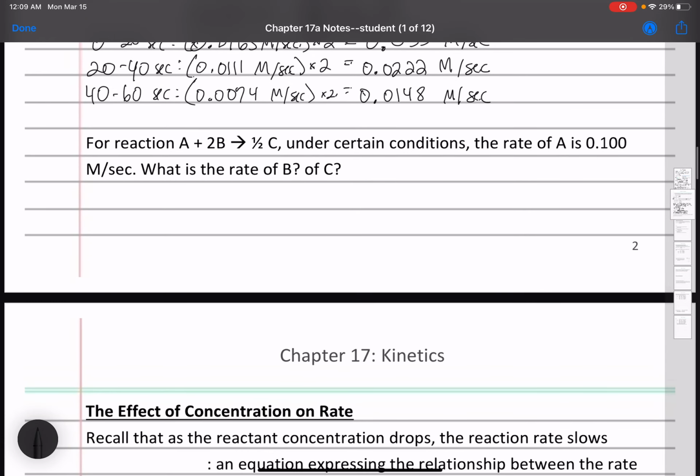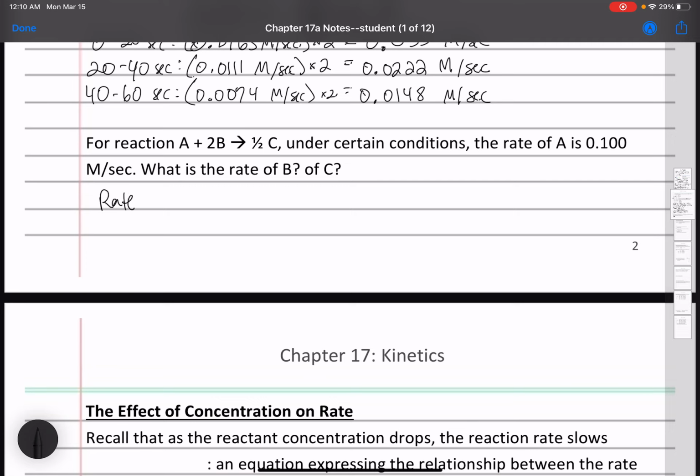Let's do just one more quick one here. For this reaction, A plus 2B reacts to form 1/2 C under certain conditions. The rate of A is 0.100 molar per second. What is the rate of B and what is the rate of C?